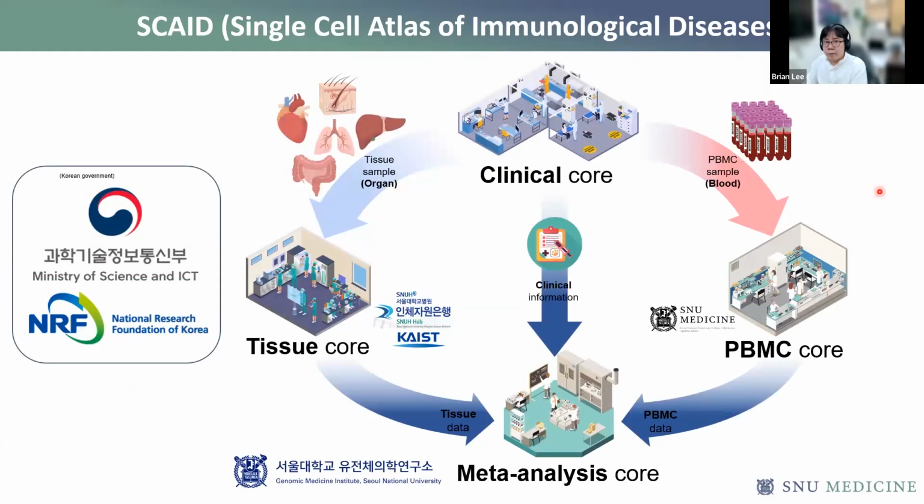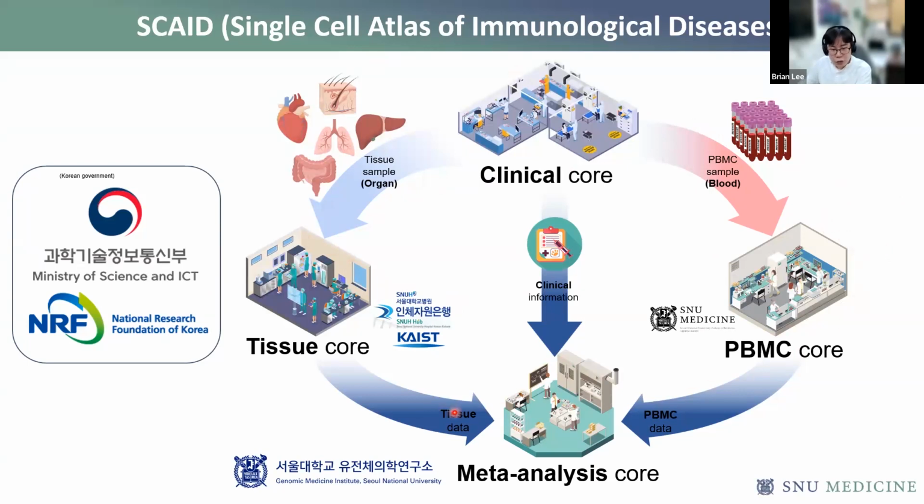And so the way that the project is structured is there are clinical cores that we have collaboration with all across the nation. These physician scientists will collect patient samples. They'll collect either tissue organ samples that will be sent to the tissue processing cores, or they'll be sending PBMC blood samples, which will be sent to the PBMC processing core. And then each of their respective PIs and physicians will conduct their own disease-specific analyses.